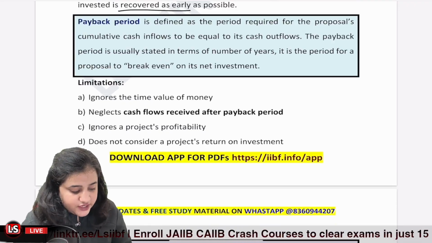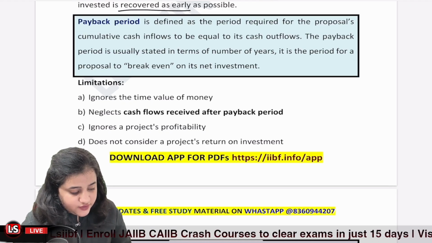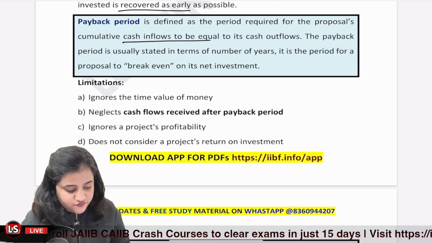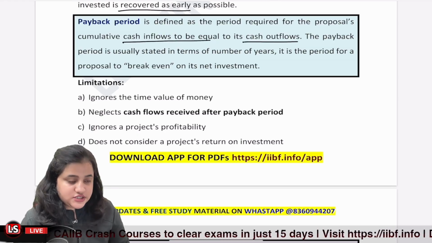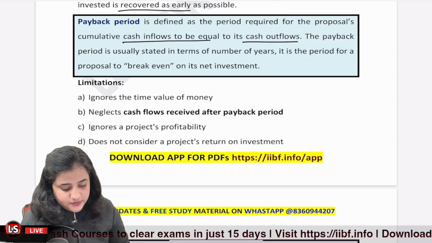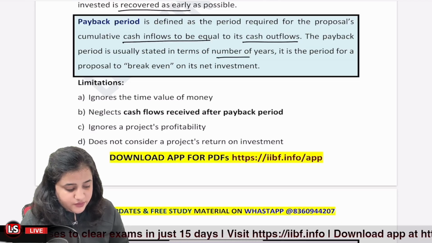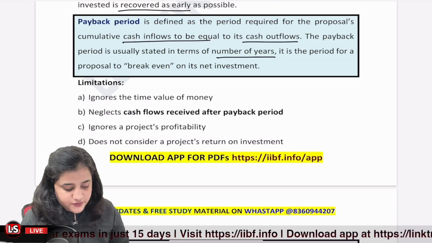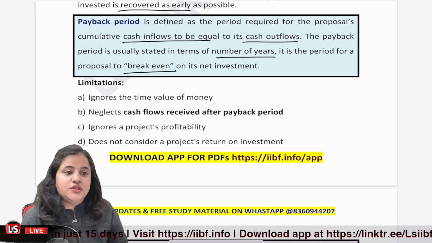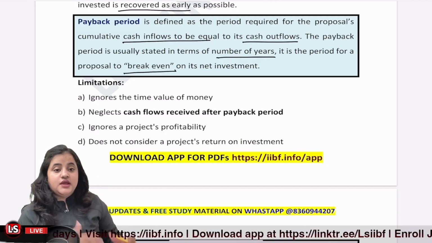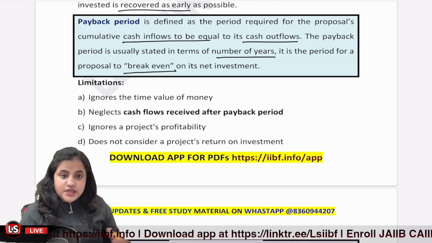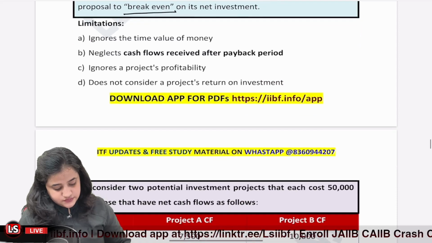Payback period is defined as the period required for a proposal's cumulative cash inflow to be equal to cash outflow. The payback period is usually stated in terms of number of years. It is the period for a proposal to break even on the net investment, the point in time where we will break even on the investment.